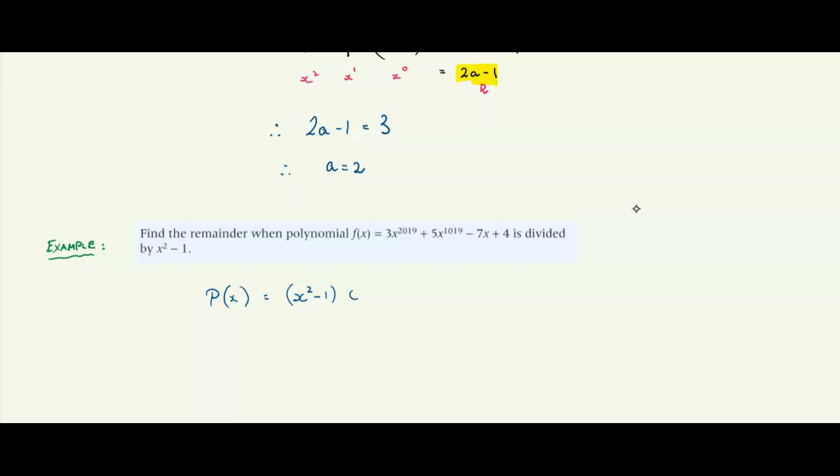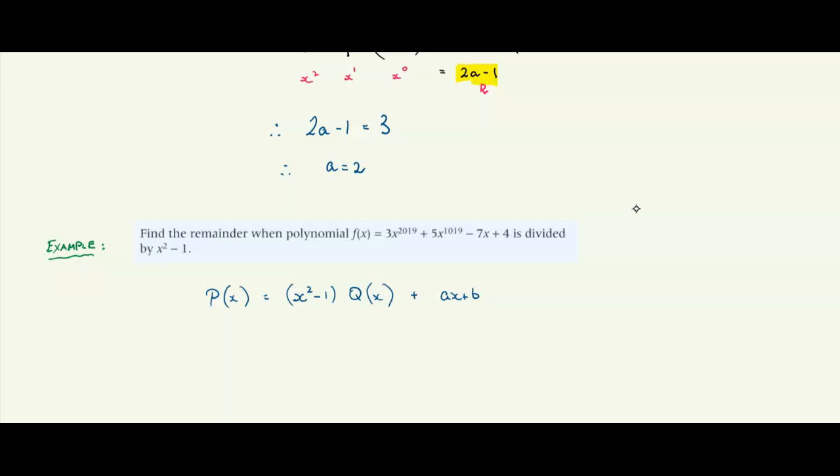So here we're going to have x squared minus 1 as our divisor, some polynomial quotient, and then a remainder that, because we're dividing by a quadratic, could be a constant, but it could be a linear.